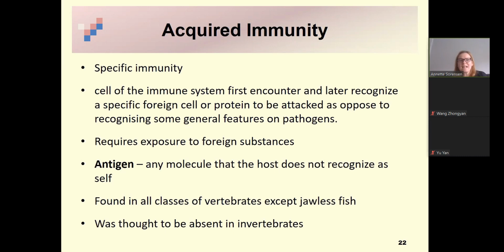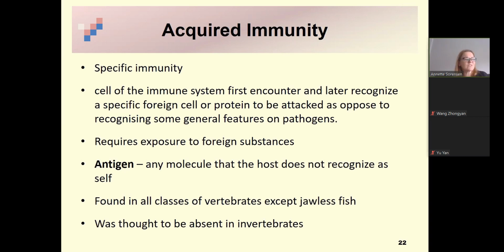An antigen is really any molecule that can be found on a pathogen, or on cells expressing an antigen that is not recognized as self-antigen. So it is foreign antigen.